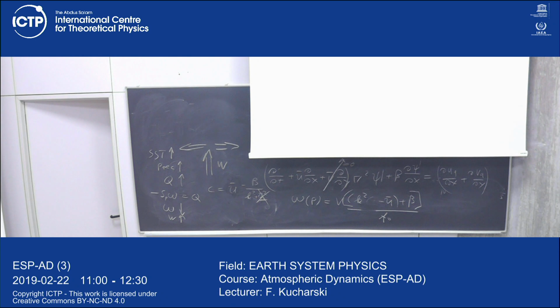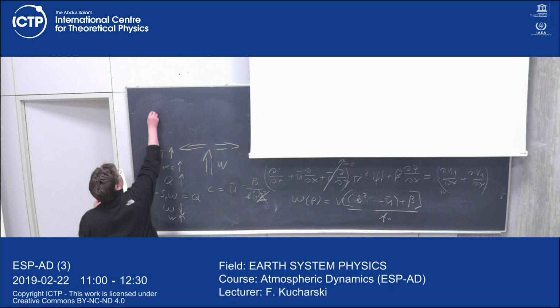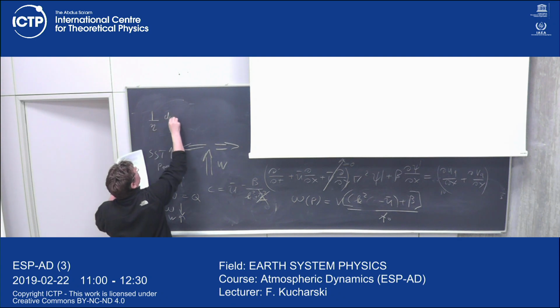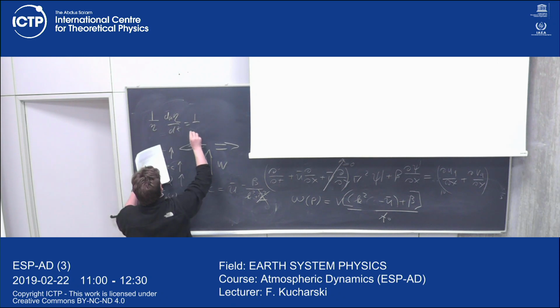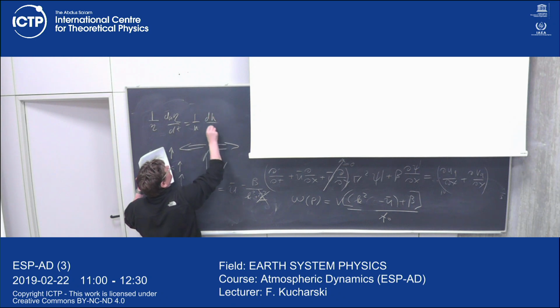So the equation we use is our potential vorticity conservation, expressed as 1 over eta d eta by dt equals 1 over height d height by dt.